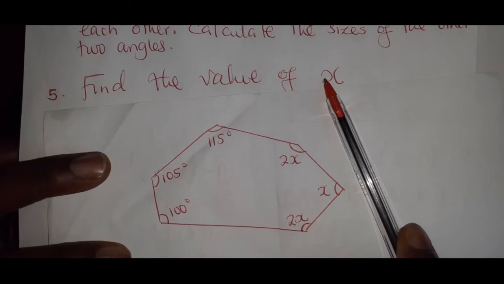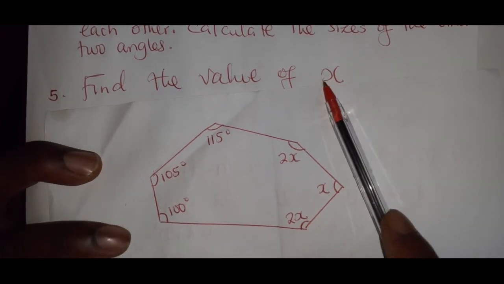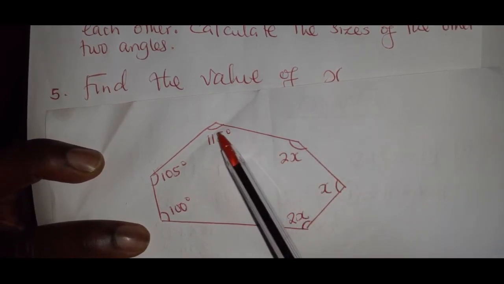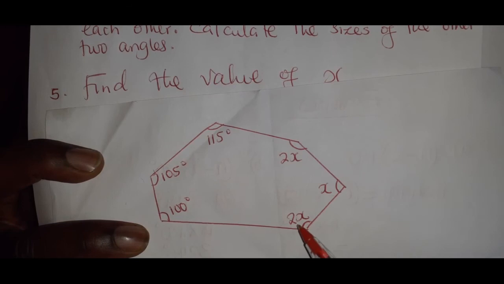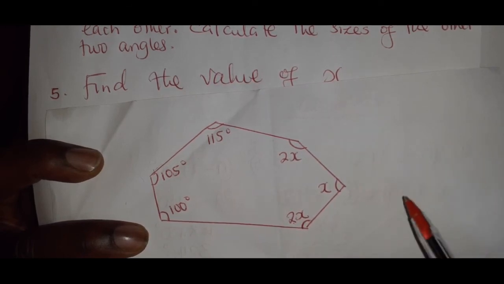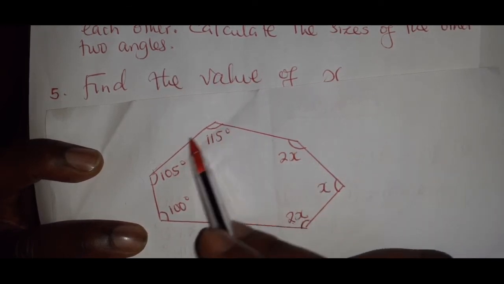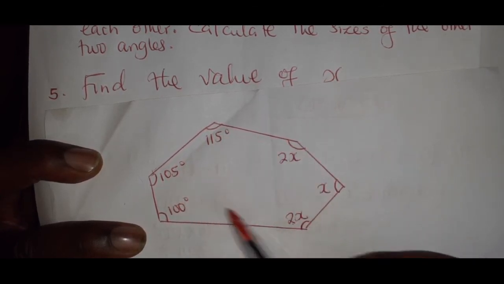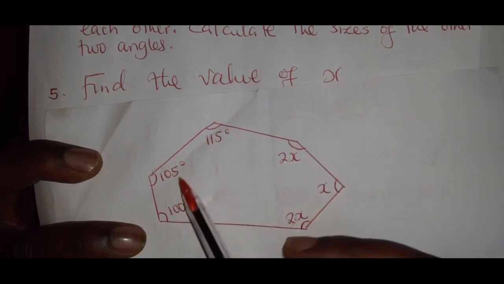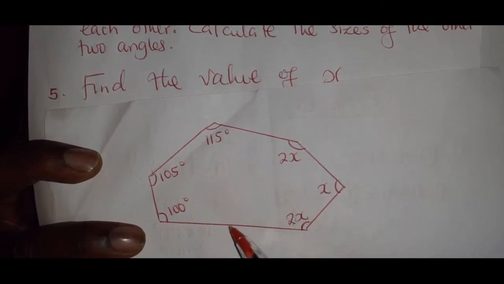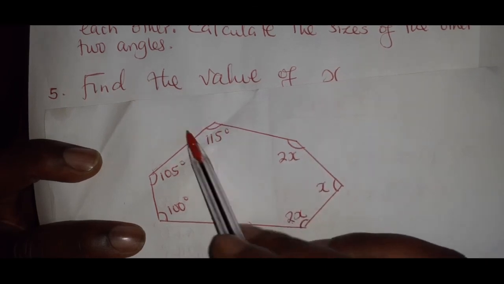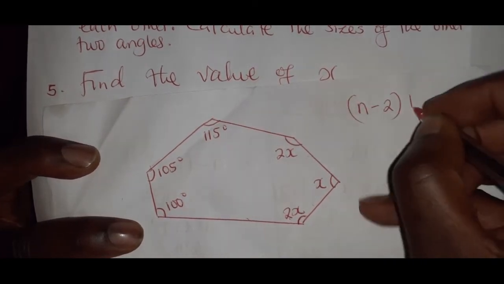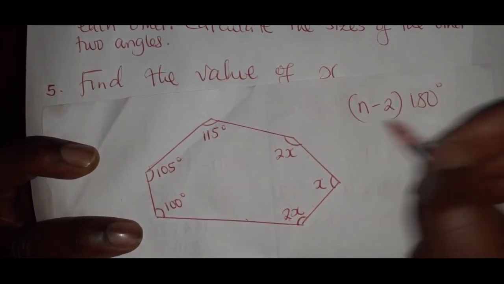It is very simple: you just need to add these 1, 2, 3, 4, 5, and 6 angles, then equate them to the sum of the interior angles of a hexagon. A hexagon is a 6-sided polygon. You can count 1, 2, 3, 4, 5, 6 sides. So first find how many sides, then the sum of the interior angles.